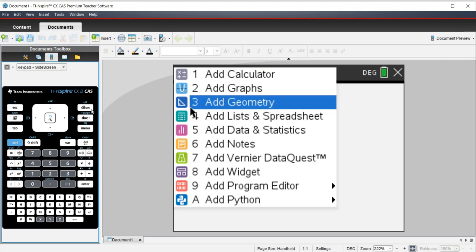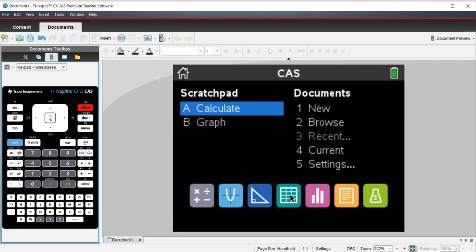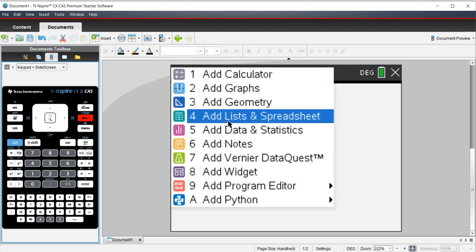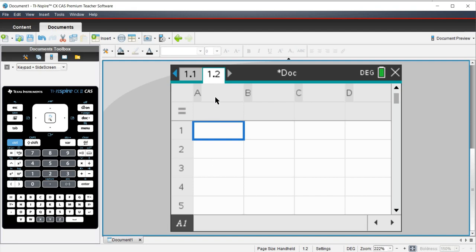So go into Home and press this green button with a bunch of tables, or I think you can just also do Control Page or Control Document, which will add a new page, and go to number 4, Lists and Spreadsheet. And then this page will show up. First thing you need to do is type in what data you're putting in.